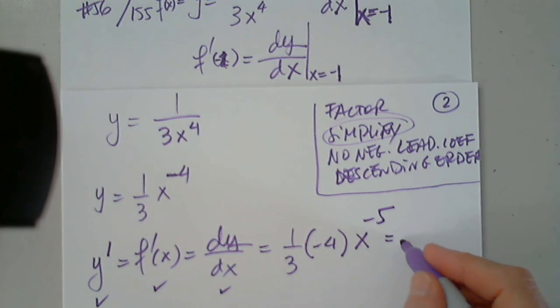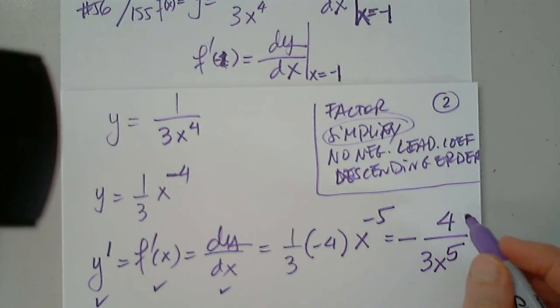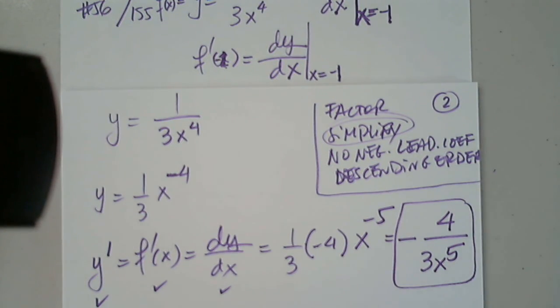This is the same thing as negative 4 over 3x to the fifth. Is this okay? So far, we haven't finished, I know. Everyone okay with this? Can you repeat it again?